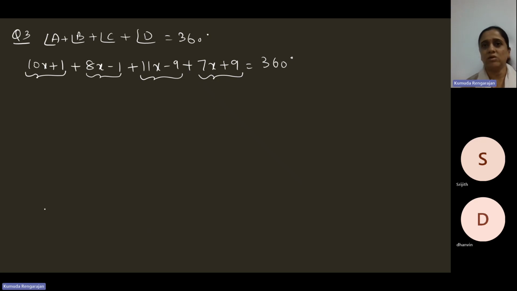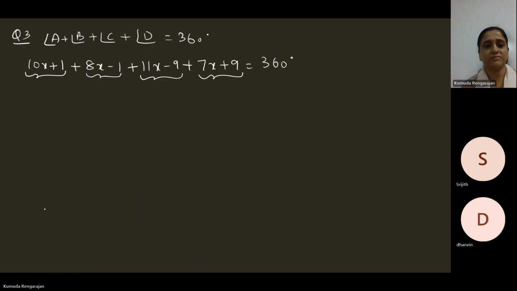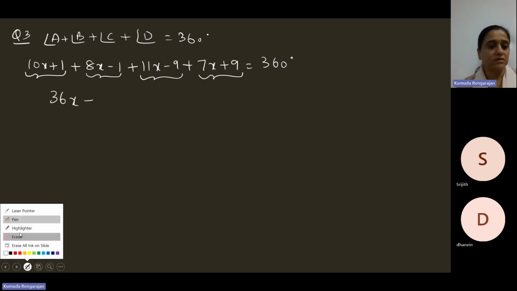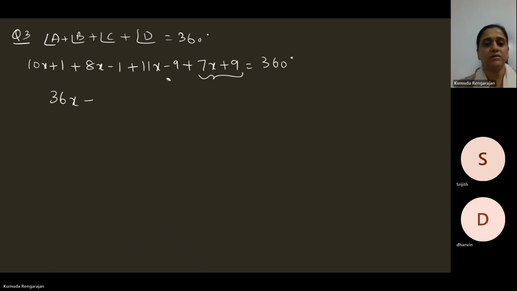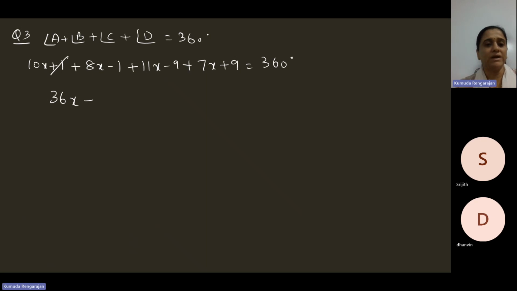Okay, so 10x plus 8x, 18x, 18x plus 11x, 29x, 29x plus 7x, 36x, and then 1 minus 1, minus 9 plus 9.